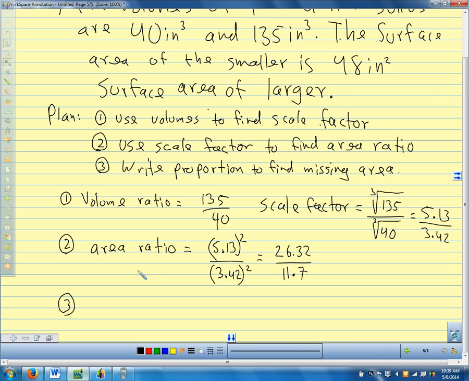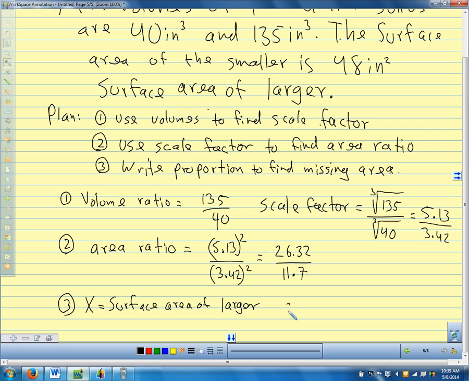Now we can solve the problem. Let's call the surface area of the larger solid X. So I'm going to write an area ratio using the part that we're looking for and the information that the problem gave us.